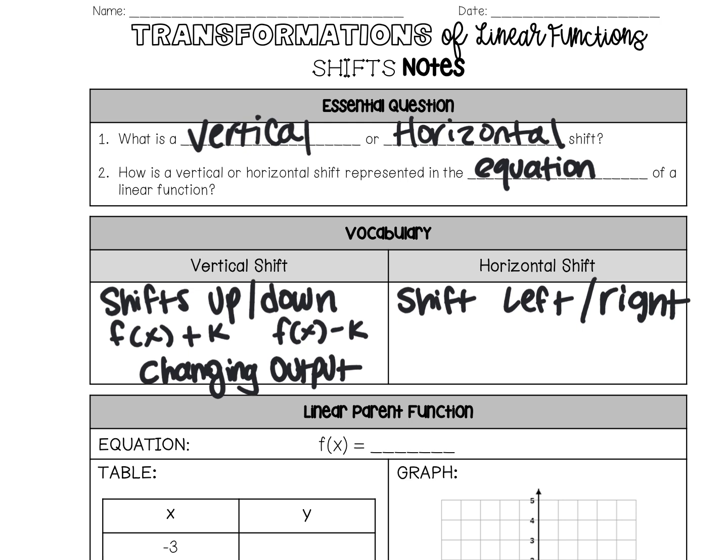We can also shift the graph left and right. When we're shifting left and right, we're changing which coordinate? X, very good. So we're changing the input. So it would be F of X plus H for left, and I know it's opposite, but I will discover why later. And to the right, it's F of X minus H. In both cases, we're changing the input.